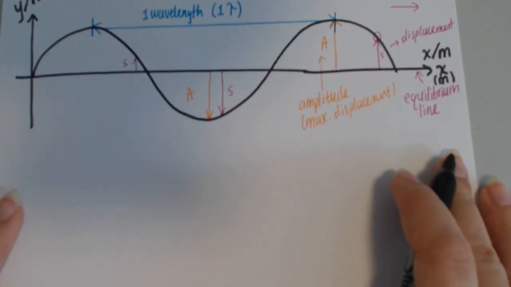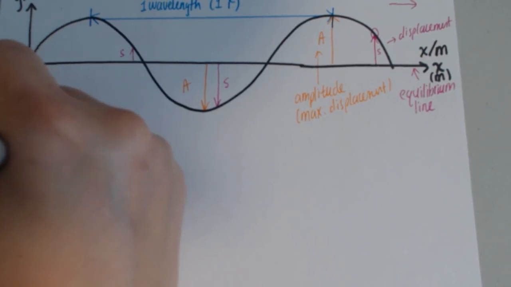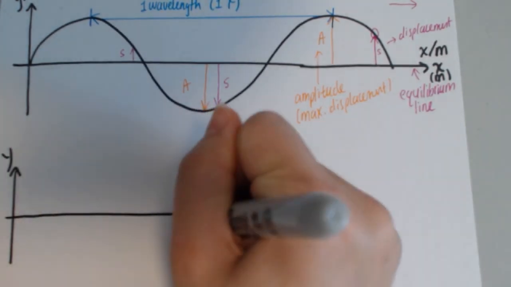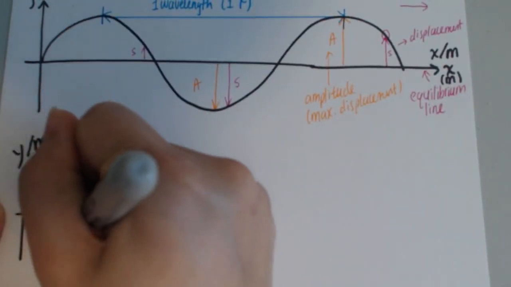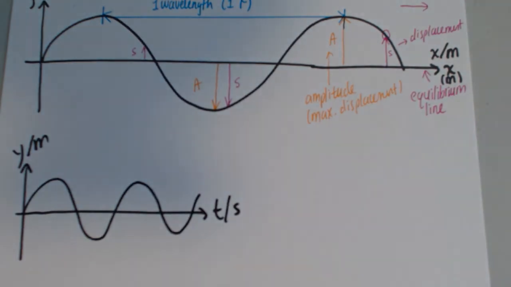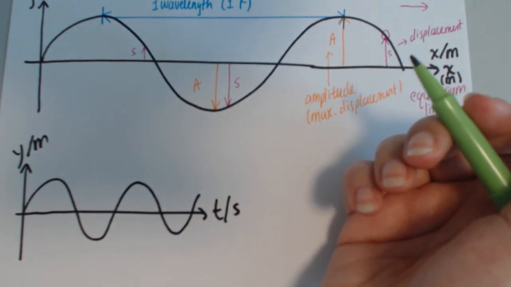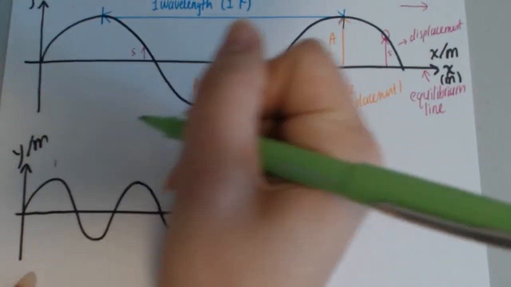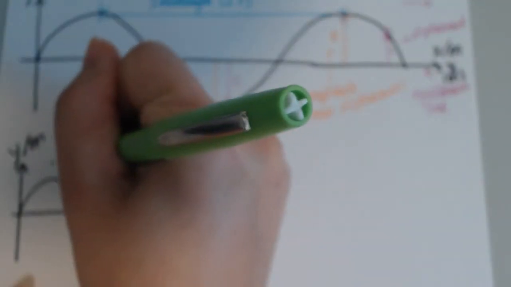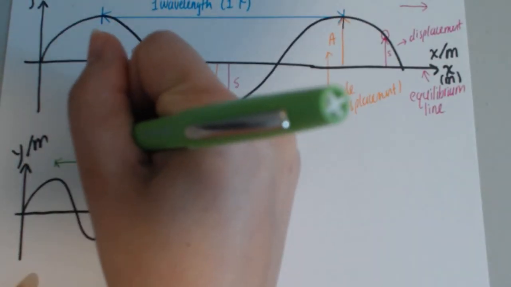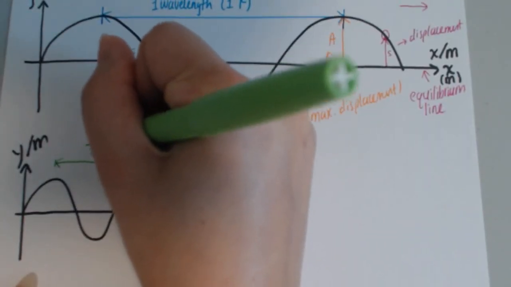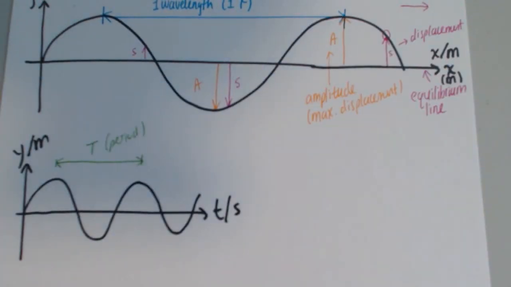So if I had y here, and I had time measured in seconds, okay, so if I had something like this, now all of a sudden, time is the length of time. Unfortunately we can't get away from that word in the definition for one complete cycle. So this would be the period right here. Okay, let's go back to the slides.